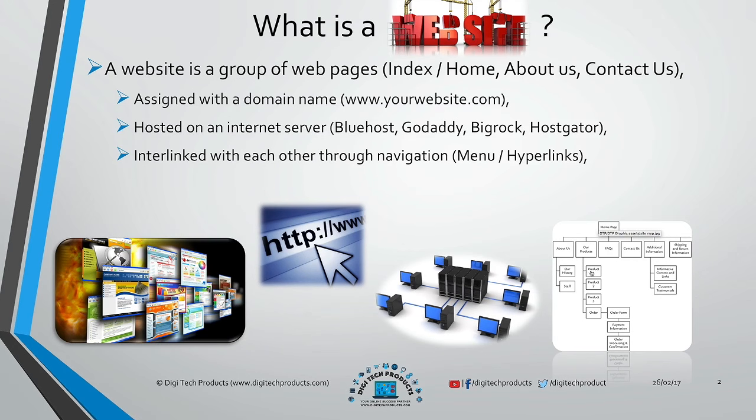In the products we have product 1, product 2, product 3, and in the order page we have order form, payment page, order and processing confirmation. So all these are individual pages and they are interlinked in a hierarchy, and this is normally called, in the technical term, a sitemap. So this is the sitemap which says what our entire website is all about.